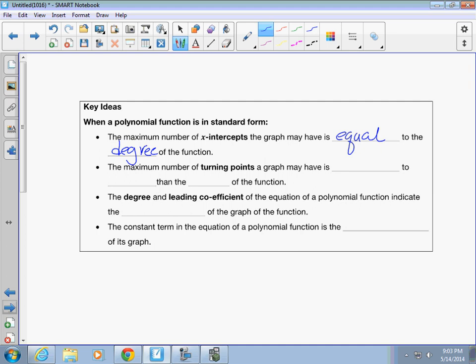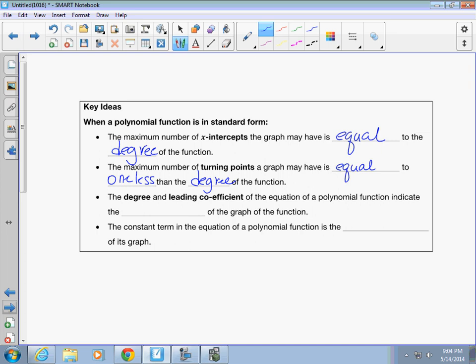I'll never have 3. So the maximum number of turning points a graph may have is equal to one less than the degree of the function. So when I had a degree 2, the most turning points I could have was 1. When I had a degree of 3, the most turning points I could have was 2. So I never did have one that had 3 turning points.